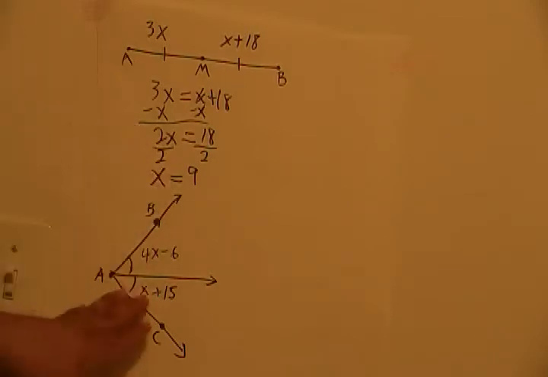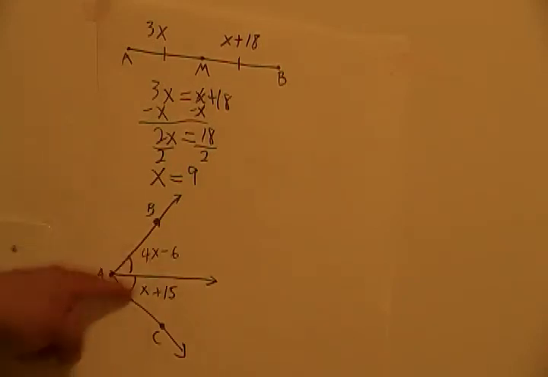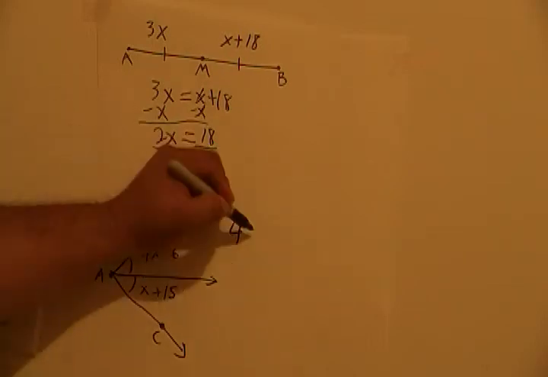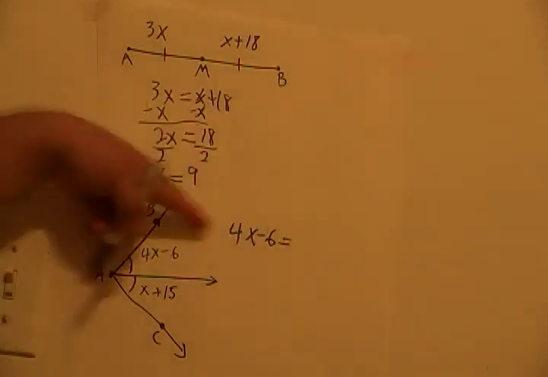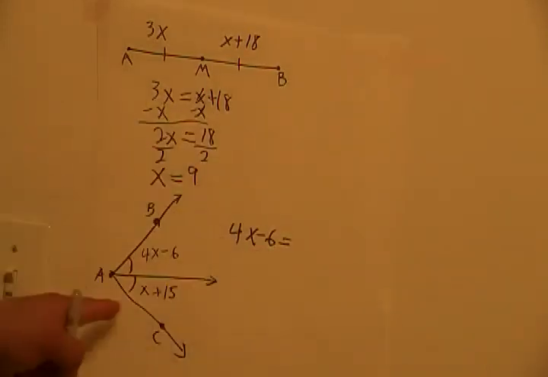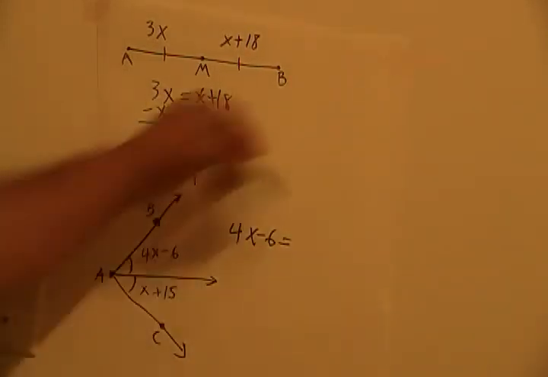So again, if you want to solve for x, you make this side equal to that side. So we're going to get 4x minus 6 equal to this angle, x plus 15.